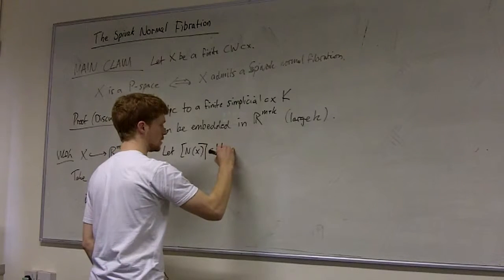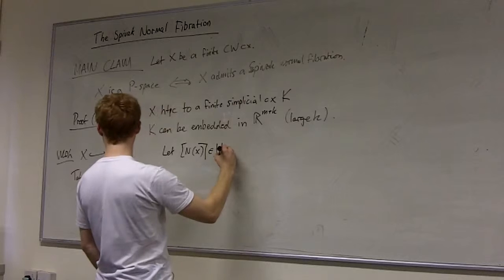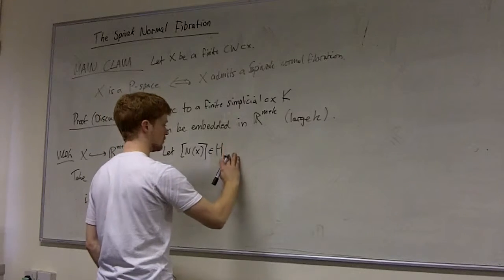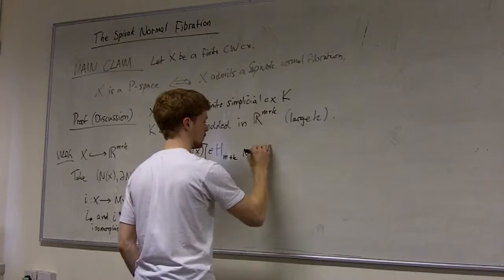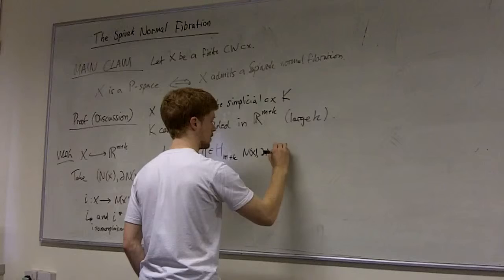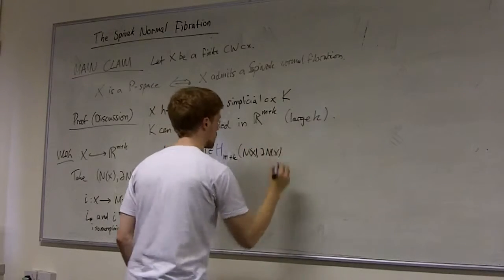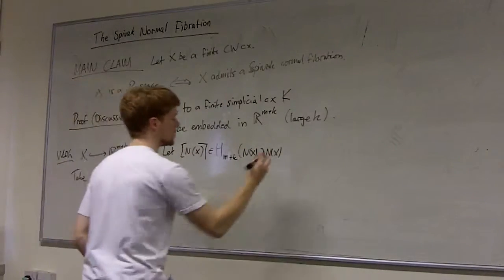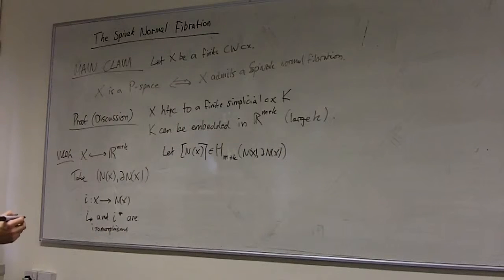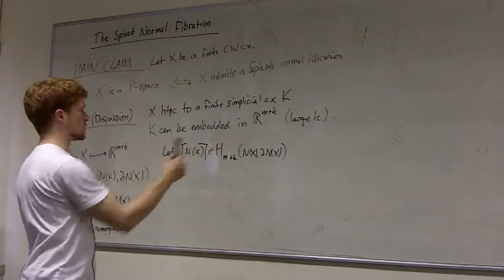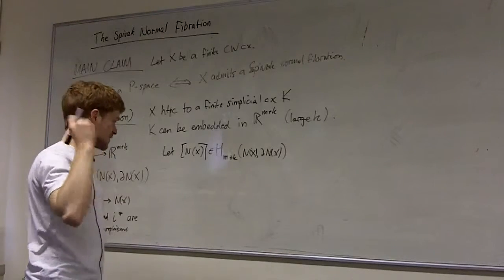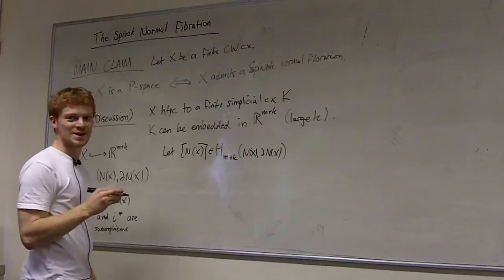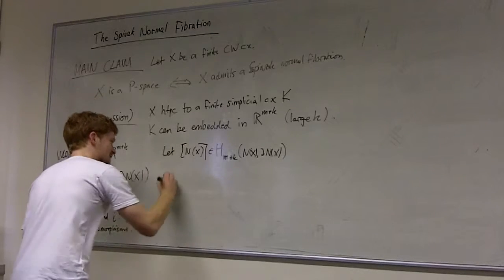That should live in H, where are we? n plus k, neighborhood of X, boundary of neighborhood of X. I could say twisted, although this is a neighborhood of Euclidean space, so it's definitely orientable, so I'm not going to twist the coefficients like I normally would with a fundamental class. In fact, this is one of the assumptions I'm going to make for personal safety reasons.